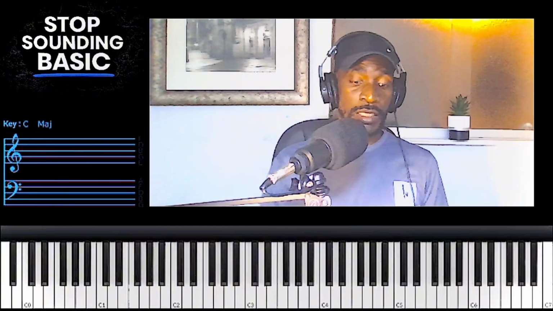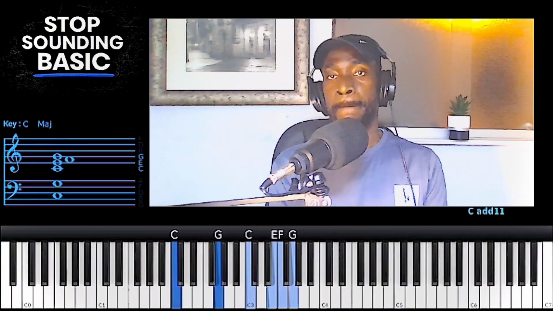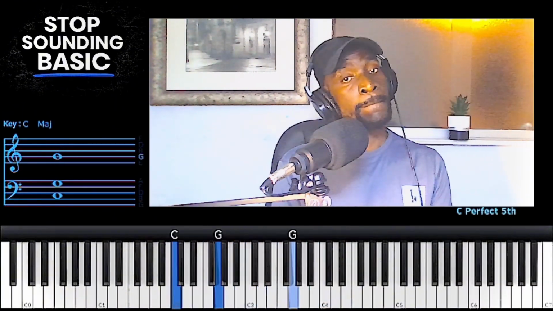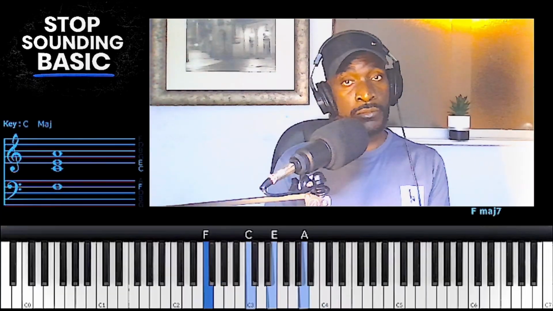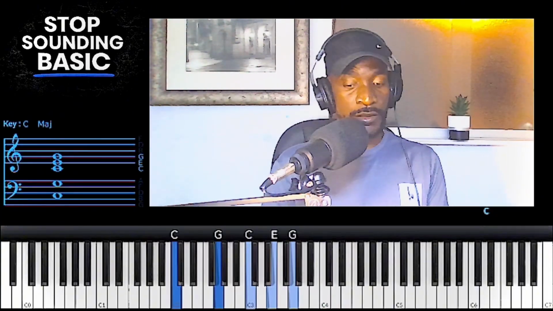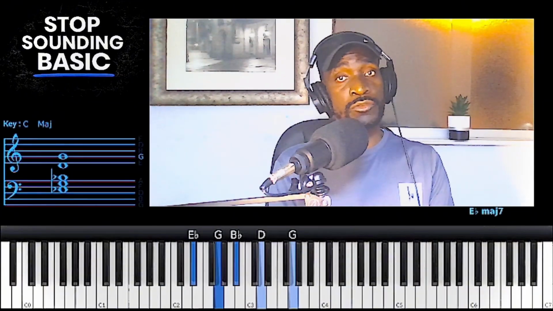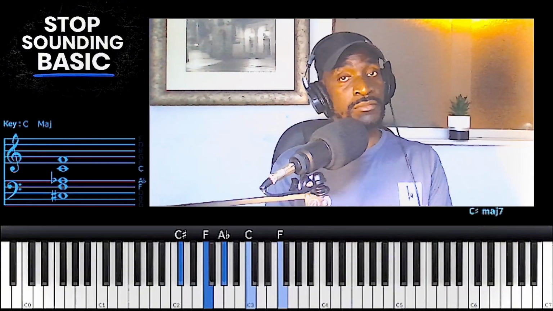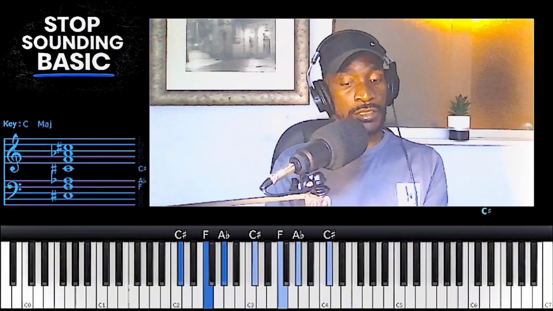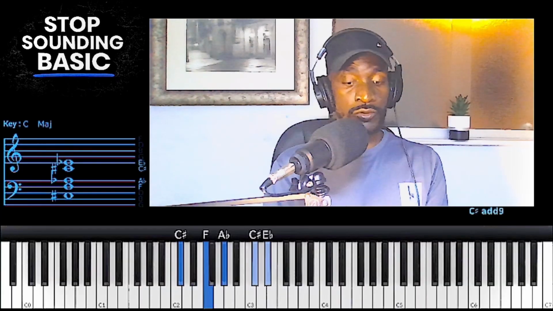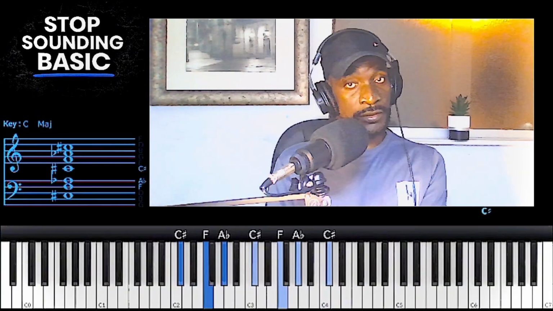All right, now that we know how to build the 2-5-1, we tried the key of C, we tried key of F, B flat, E flat. We can also do the same for the key of D flat. The Nashville number system: 1, 2, 3, 4, 5, 6, 7.